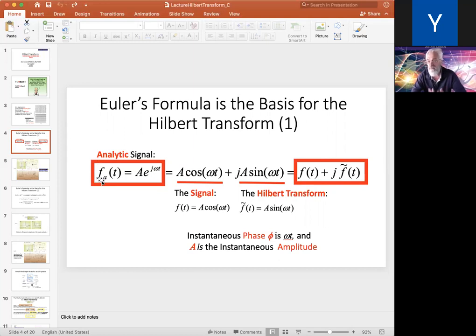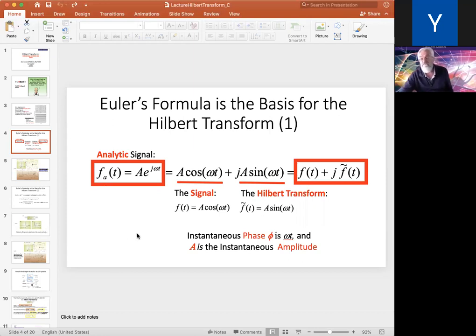Sometimes when people talk about the Hilbert transform, they forget about this analytic signal, but as a matter of fact, it's basically part of the whole construct. As you can see, this analytic signal is nothing else than a real part, the cosine, and the imaginary part, the sine. If you take, for simplicity, A being 1, you can see that we basically get Euler's formula that we have discussed before.